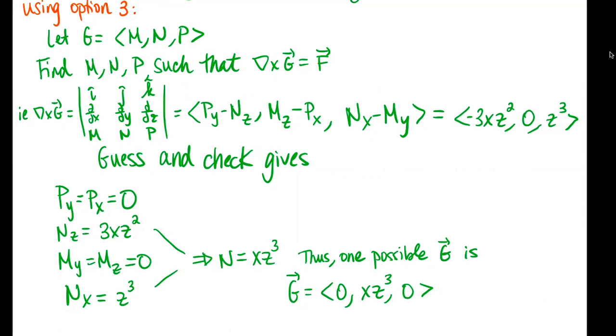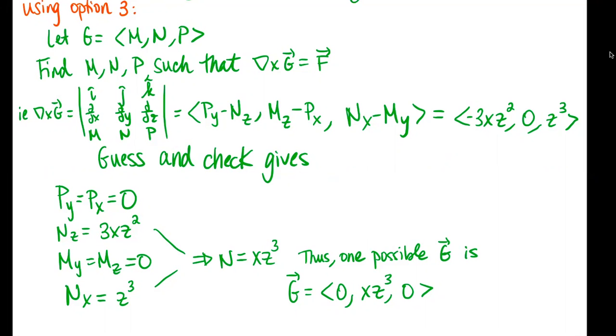So in some ways, that was kind of a lucky way to start. But one possible G we could have then is this. We could also have this up to any constants. I could have a constant here plus a constant plus a constant. And you could even have functions of, yeah, this is basically the easiest one you could come up with.